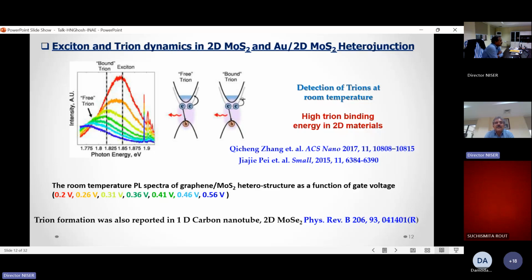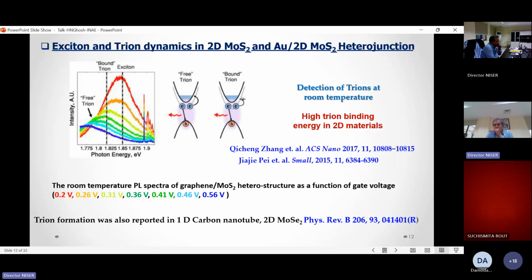If they are applying a positive voltage, it means you are putting extra electrons into the system. They observed the luminescence spectra going to the red, so the energy of the luminescence is going down. They attributed that to a trion. But I did not find how much time it takes, what the mechanistic aspect is, or what the mobility is. Many questions arose in my mind.